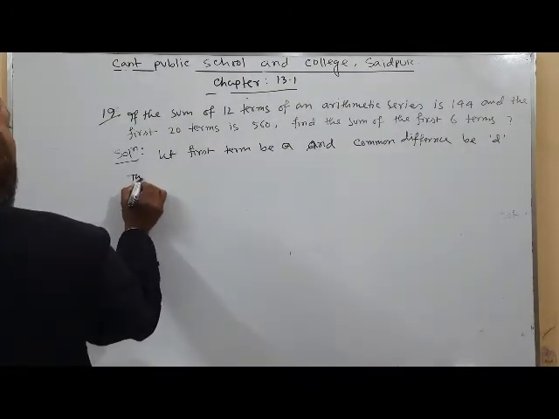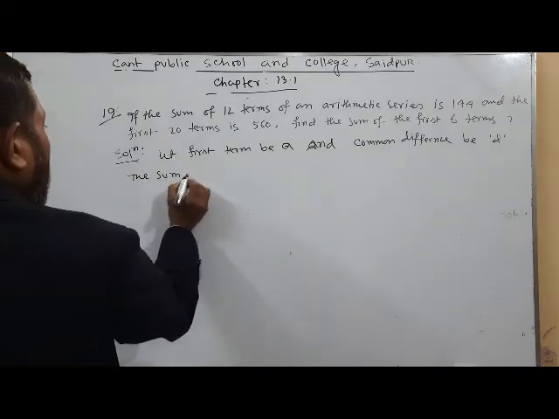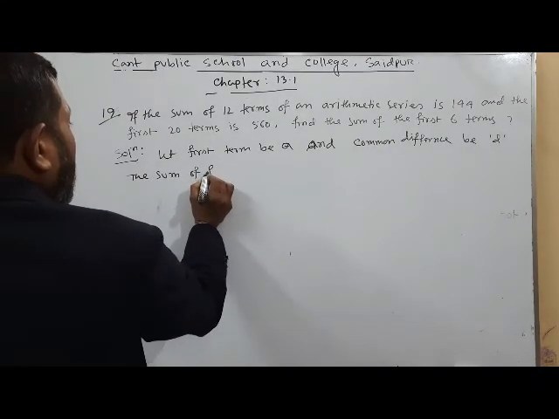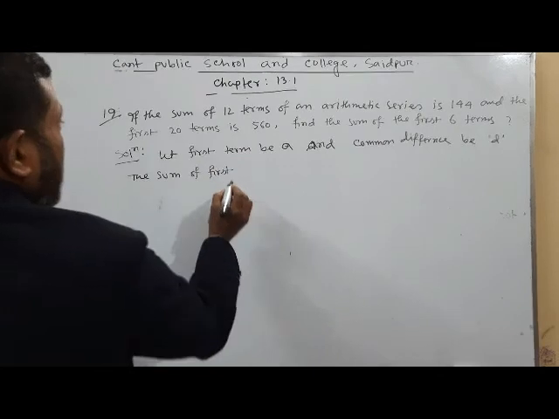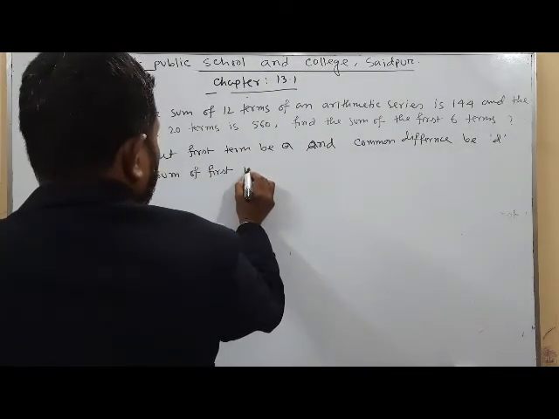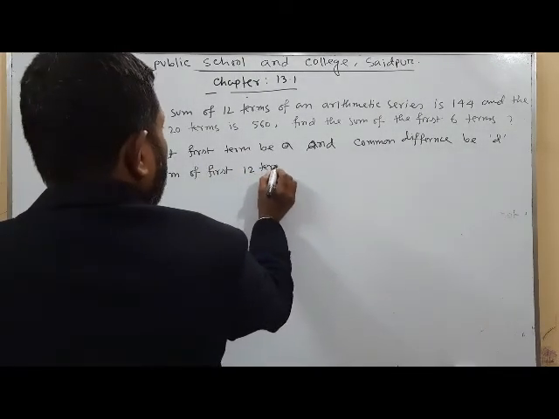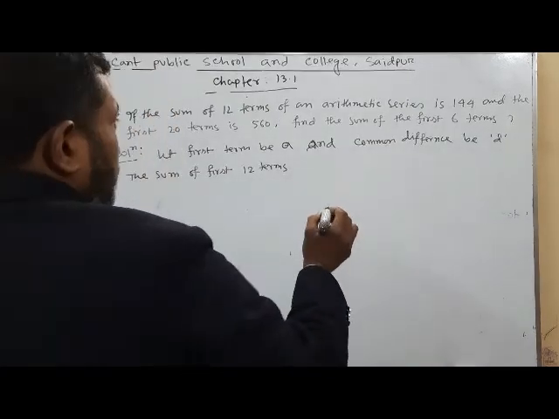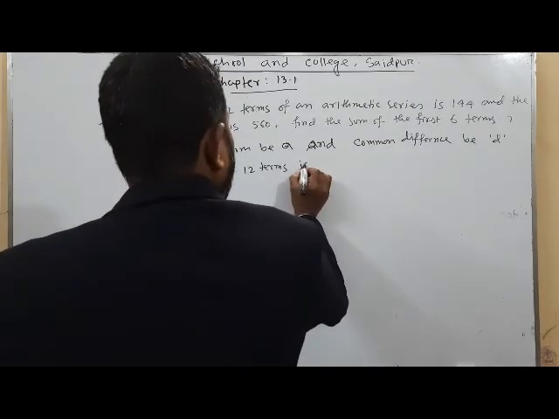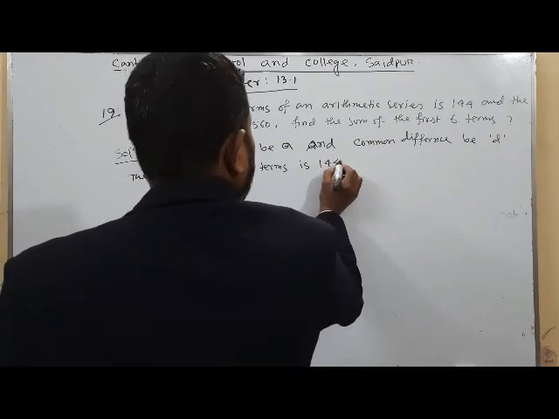So the sum of the first 12 terms is 144.